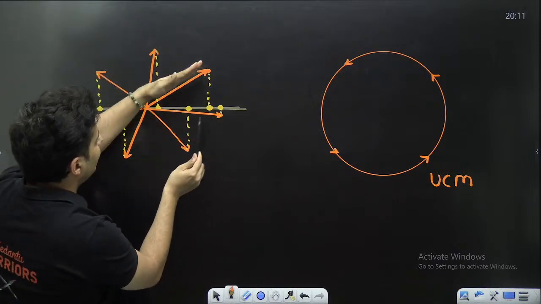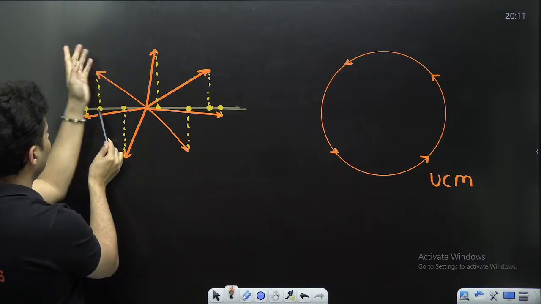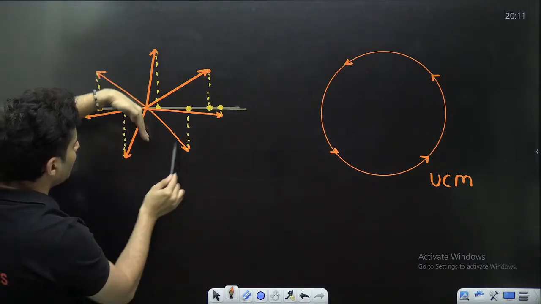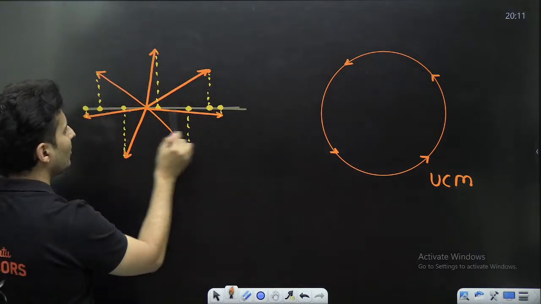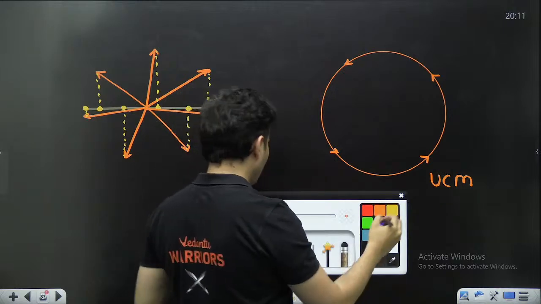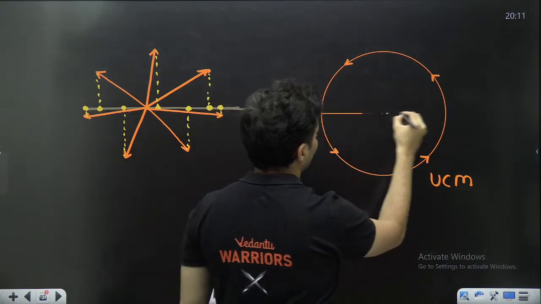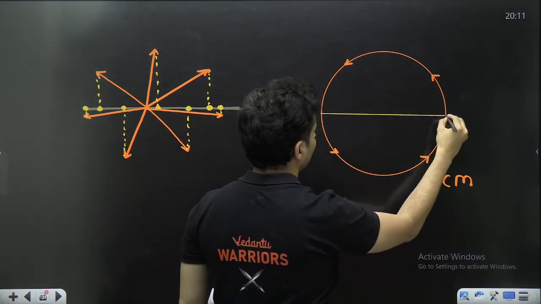See, when this line was here, it was here. Then it came here, then here, then here. Then when it reached here, it came here. So it is going back and forth. That's all it is doing.